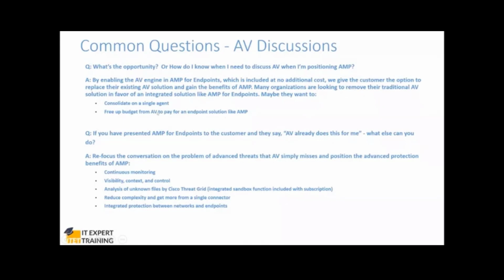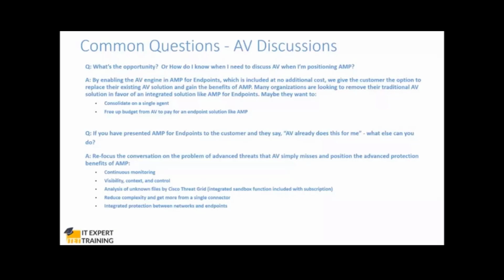It's very simple. We can say consolidate into a single agent. You can remove the existing traditional AV, and AMP has the AV solution, the ClamAV engine. You can integrate this AMP for Endpoint with the AV engine, so you have a single agent which has all the features.